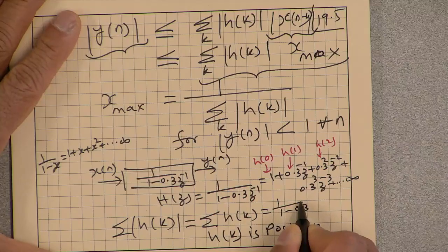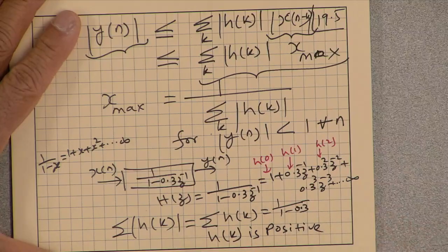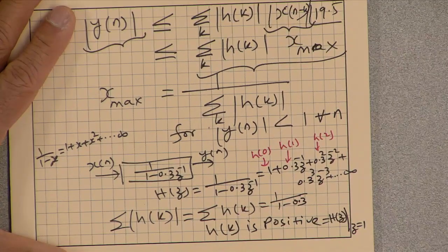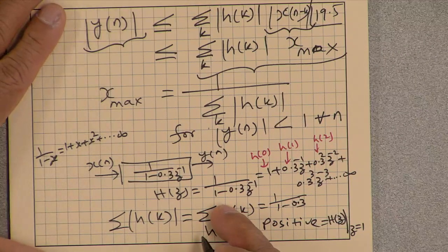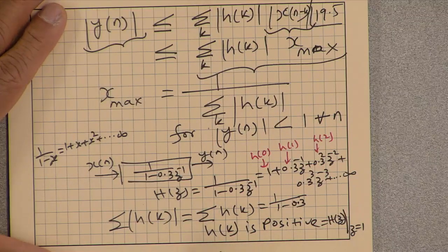But a quick way, if hk is positive, is that this quantity is simply h of z evaluated at z equal to 1. What is h of z by definition? The sum over all n of hn z to the power minus n.